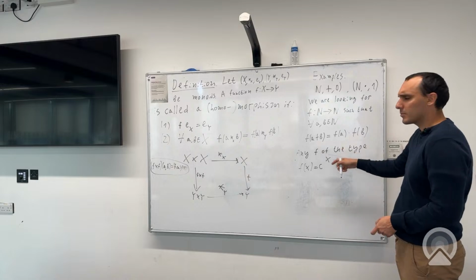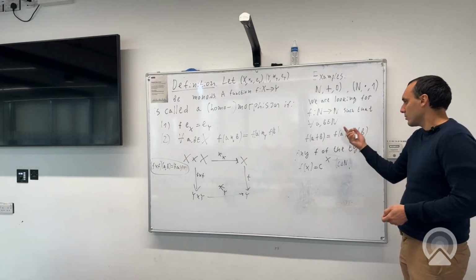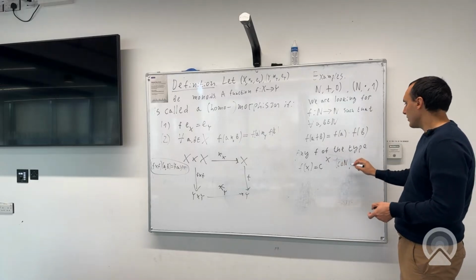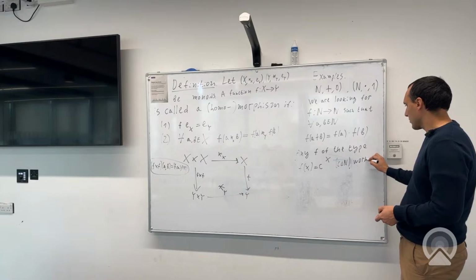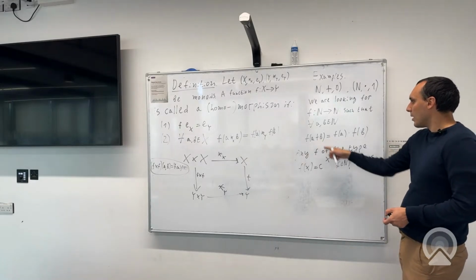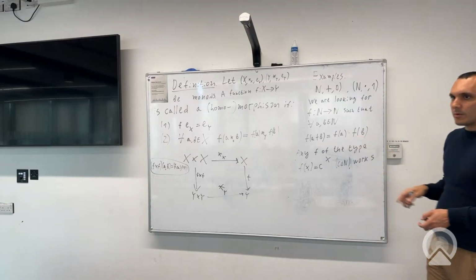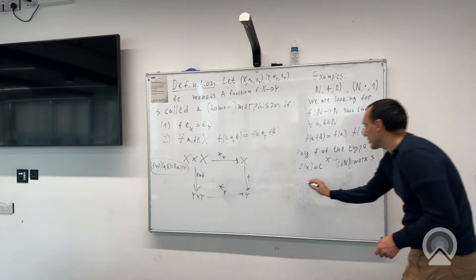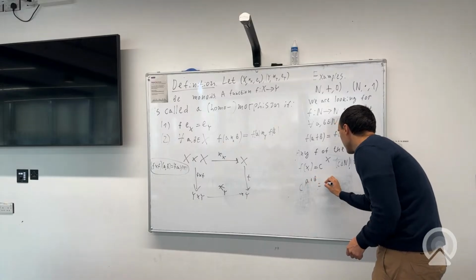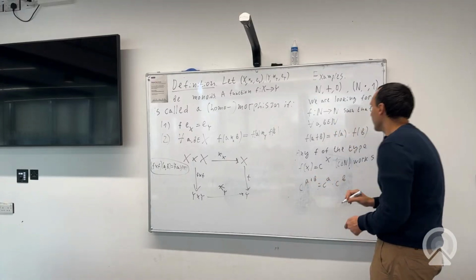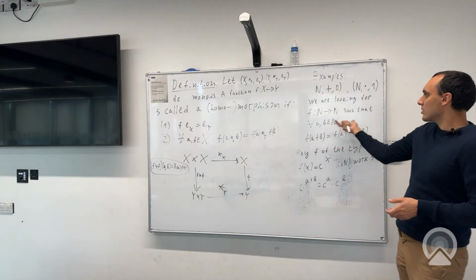Even 0 works, because you can take 0 to a positive power. So we get c to the a plus b equals c to the power of a times c to the power of b. So you see we have different structures, but we can relate them.